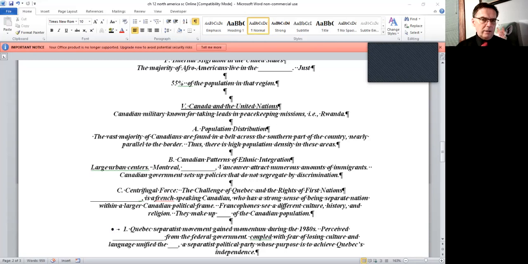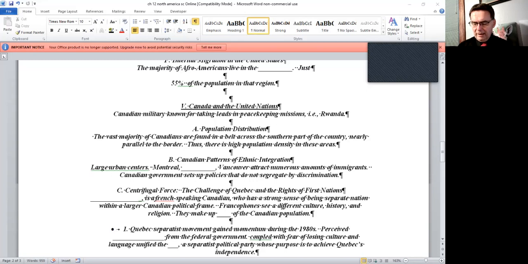The vast majority of Canadians are found in a belt across the southern part of the country, nearly parallel to the border, as a matter of fact. Thus, there are high population densities in those areas. Canadian patterns of ethnic integration. You have a lot of large urban centers there, primarily Montreal, Toronto, and Vancouver.